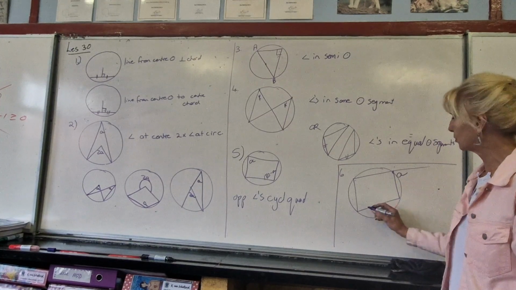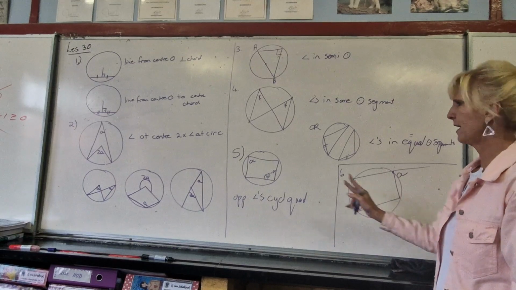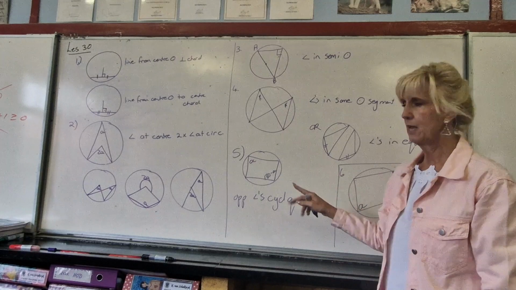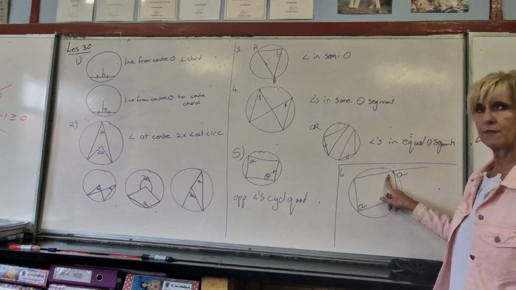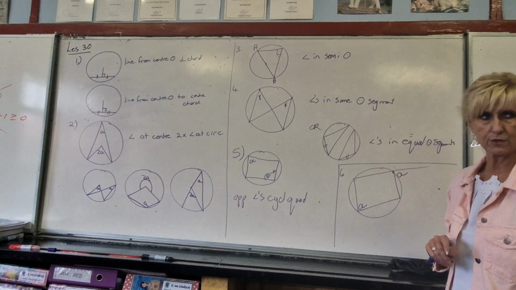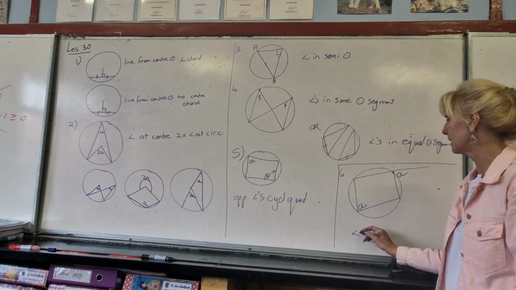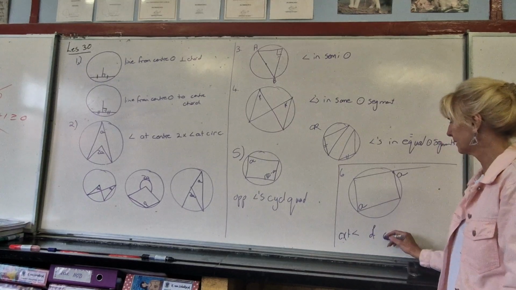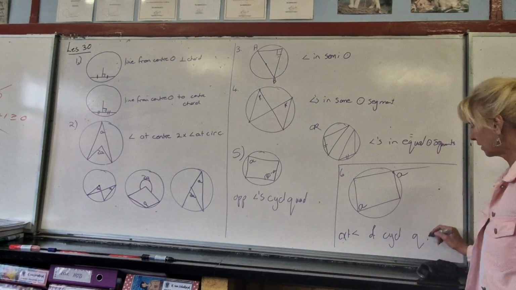Then this angle will be equal to, and they go hand in hand. Very often people use the one rather than the other one. Because if I know that that is A, I know that this is 180 minus A, and still the opposite angles are supplementary. Or this one then is the exterior angle of a cyclic quad.